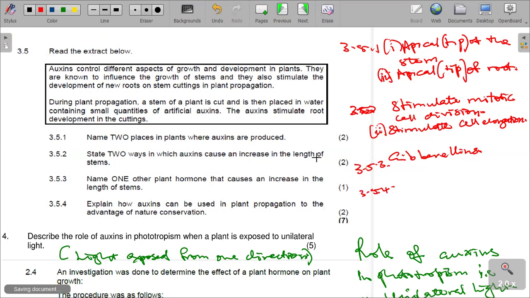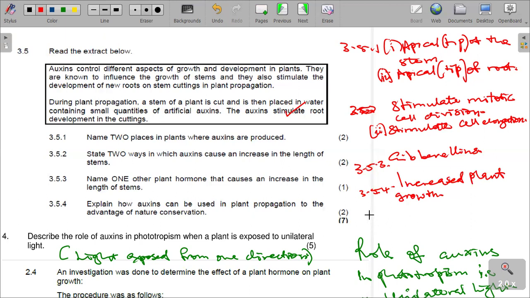It stimulates growth in formation of roots, which would also allow growth. So, increased plant growth, and also it can be used to save our endangered species.